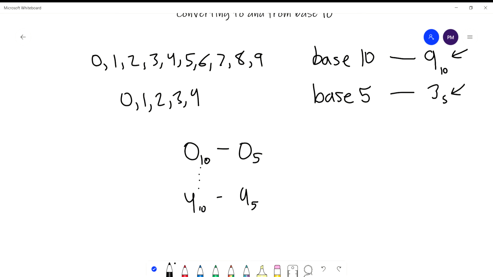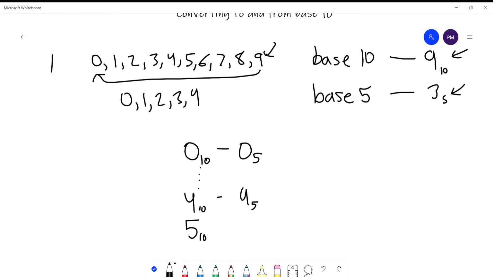But then when we get to 5 base 10, it can't be 5 base 5 because the only digits in base 5 are 0 to 4. So now we have to do something that's pretty similar to base 10. In base 10, if we're at 9 and we want to add 1, then we have a problem because there's no digit after 9. So what we do is we loop back around and then we add a 1 at the beginning.